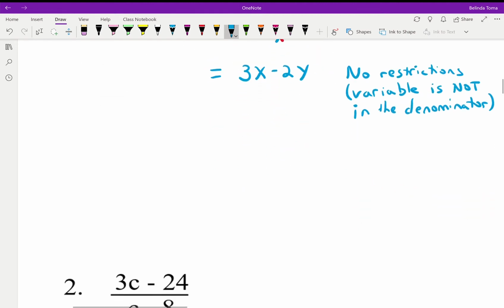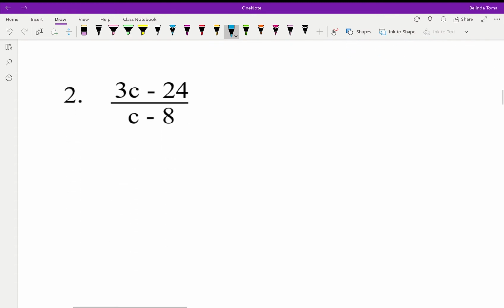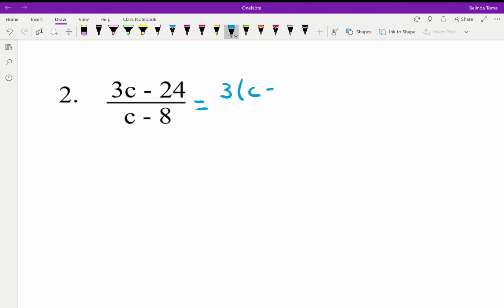So if we go on to example number 2, once again, we see a GCF in the numerator. So I'm going to factor out the 3, and I'm left with the quantity of c minus 8. I also have c minus 8 in the denominator. That means that I'm going to be able to cancel out the common factor, and that's just going to leave me with a simplified form of 3.